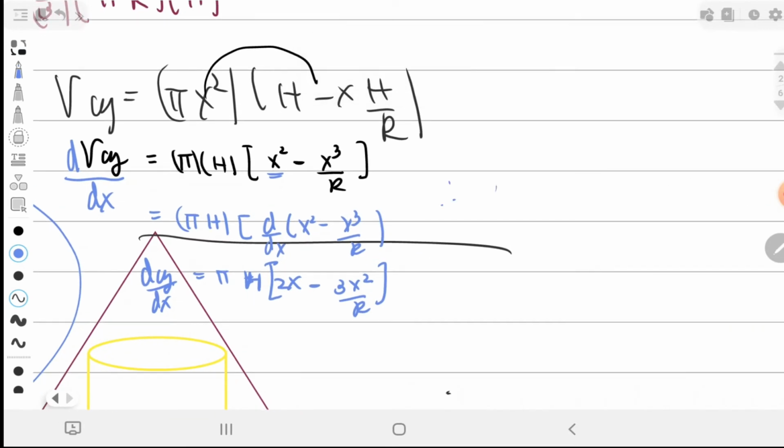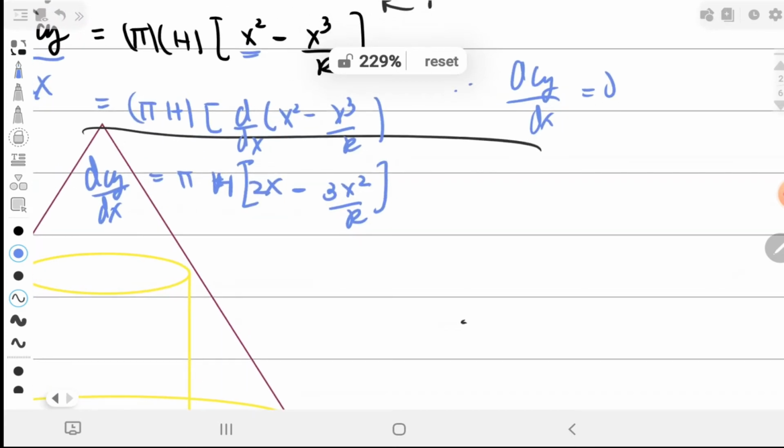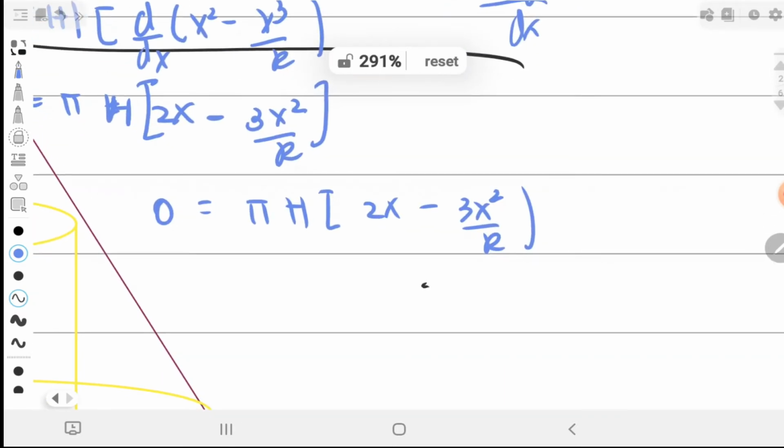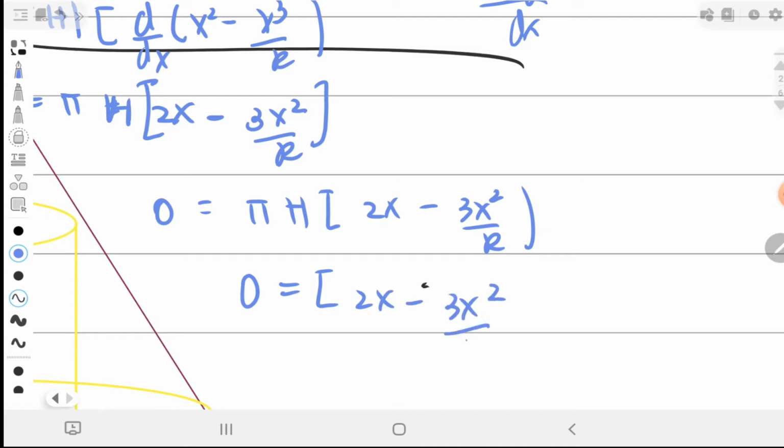Setting this dVc over dx be equal to 0, so I will have a value equal to 0 is equal to pi h multiplied by 2x less 3x squared over r. Okay? So, from here, I will have 0 is equal to 2x minus 3x squared over r.